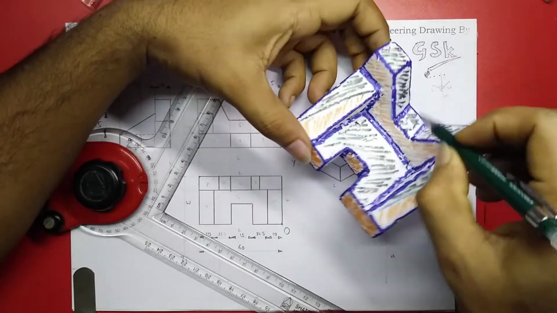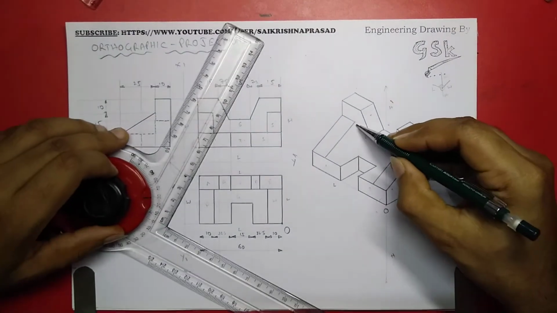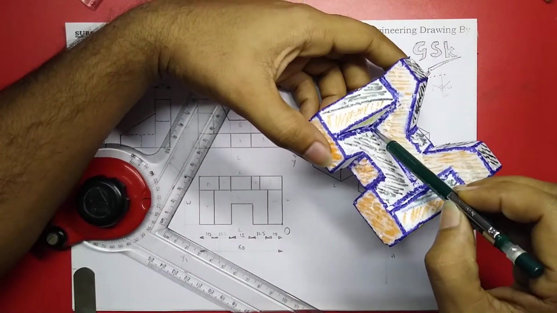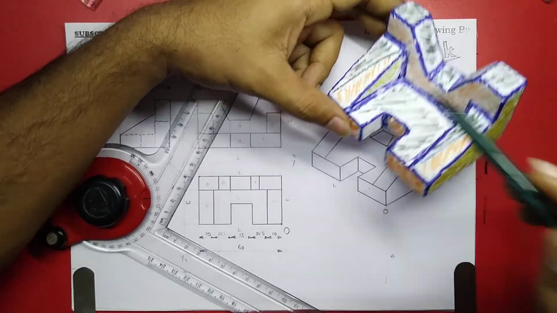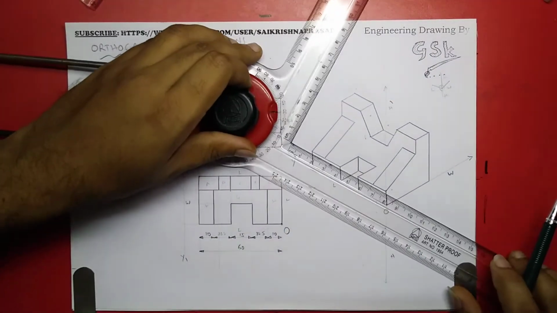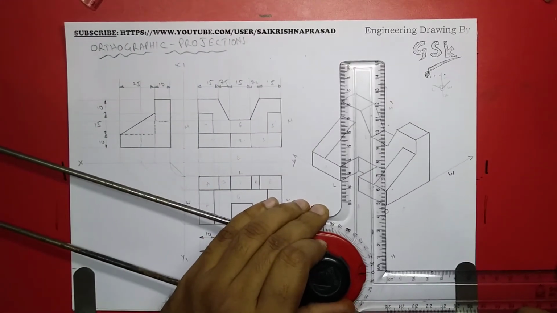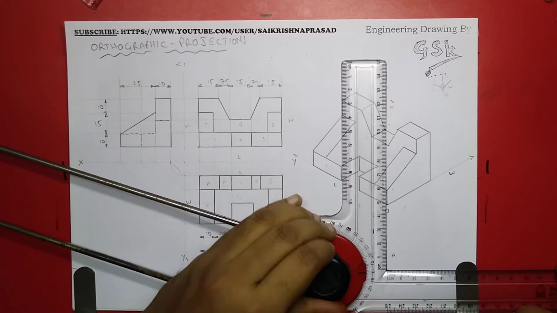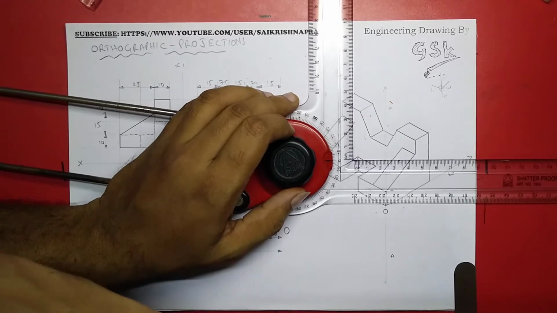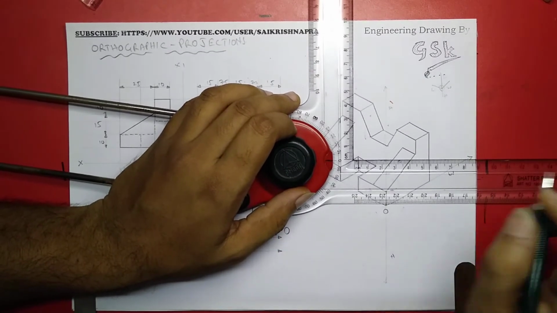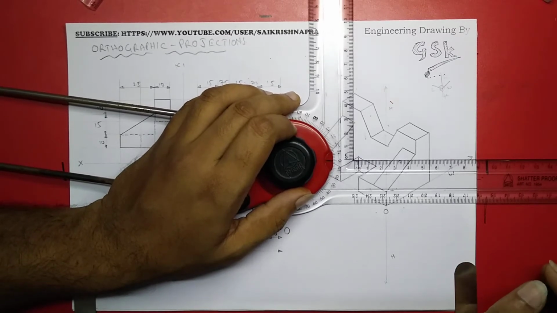So in this way we have drawn this, right? Next there is a corner from here to here when you are looking in this direction. So I have to draw this one also. This height is around 15.